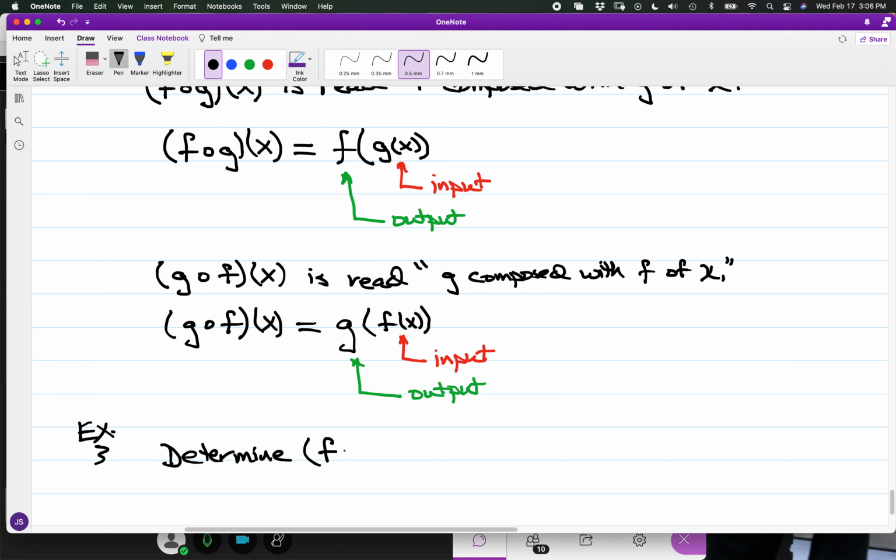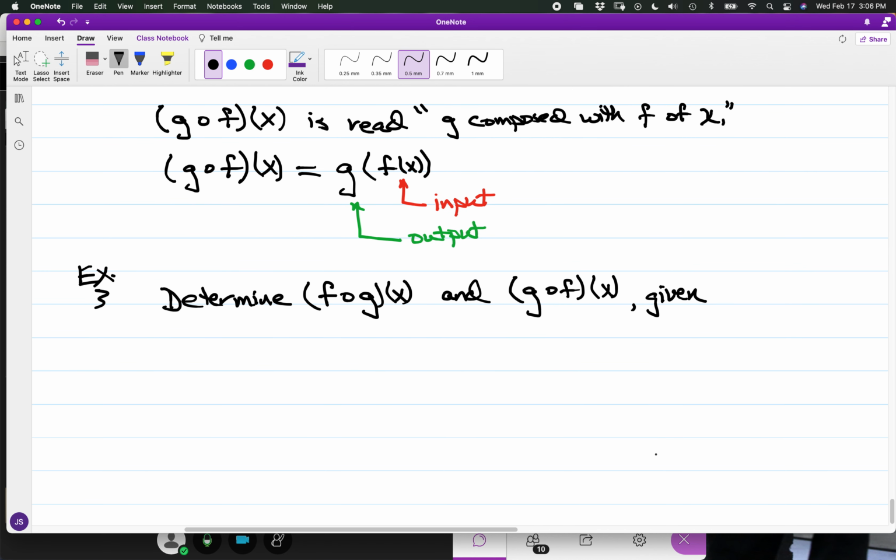So if we're looking at both compositions, f composed with g of x and g composed with f of x, and we'll start out with a couple of linear functions.